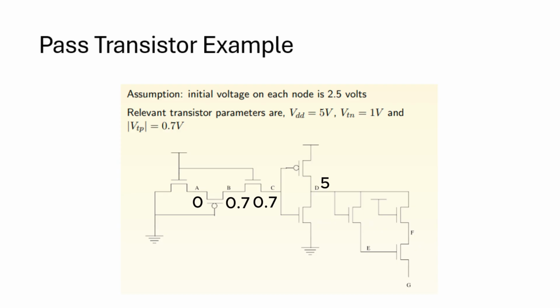The next node E is connected to an NMOS pass transistor. So the turning on condition for the NMOS transistor is that its gate voltage should be greater than VTN.